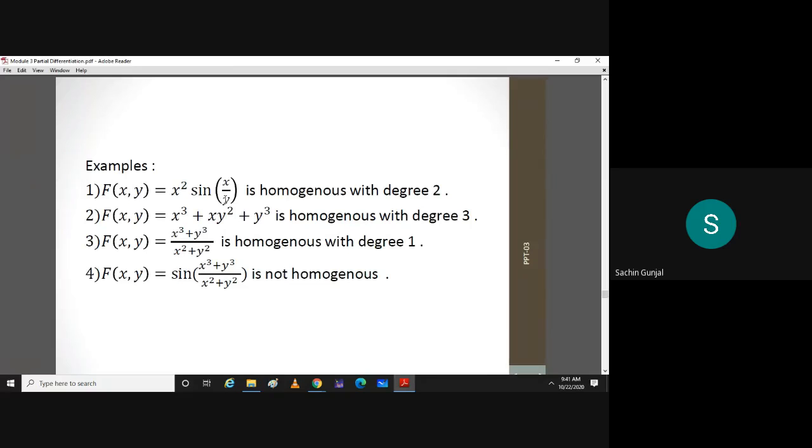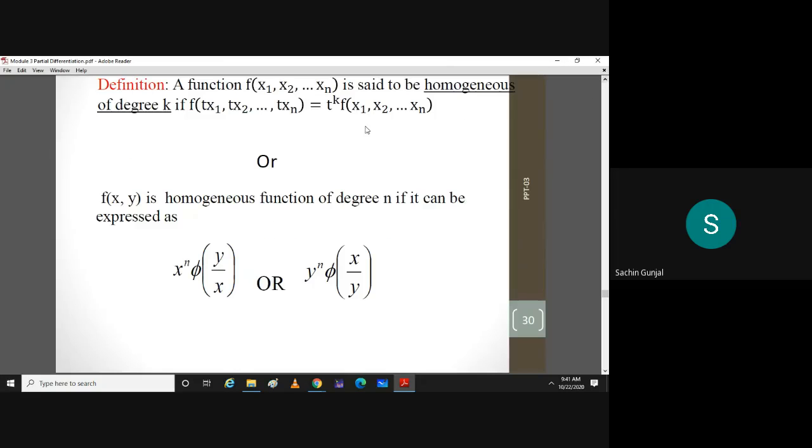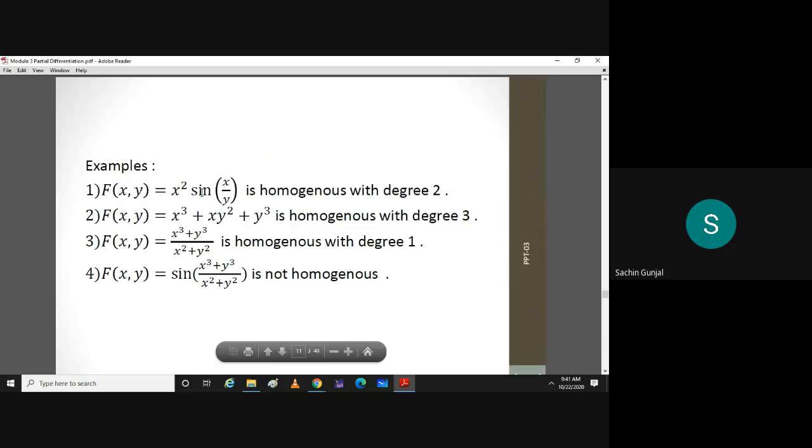So the t's get cancelled inside this bracket, and this whole thing will be t square x square sine of x upon y, which is the same as t to some power times the original function f of x, y. Therefore, this is homogeneous of degree 2. Fine?